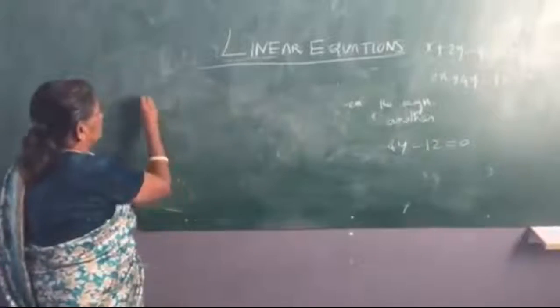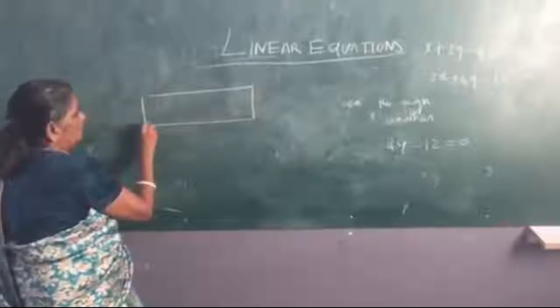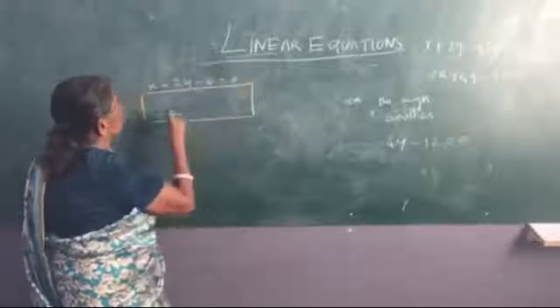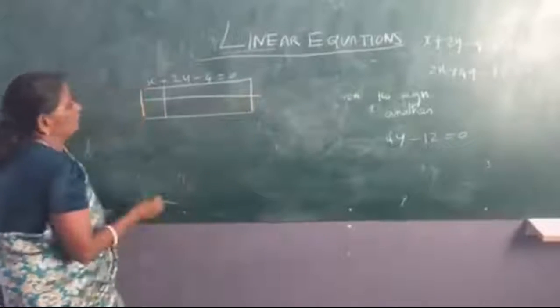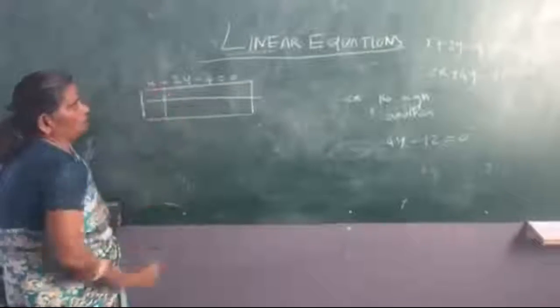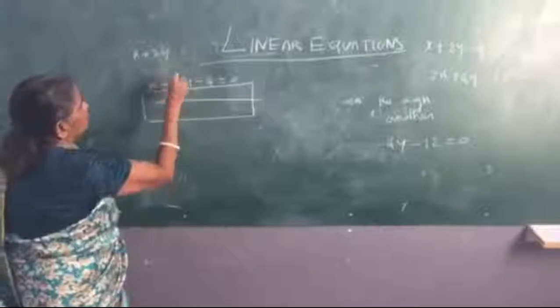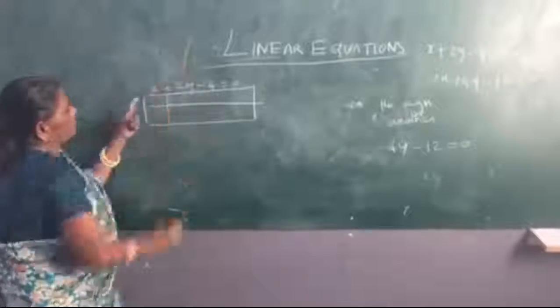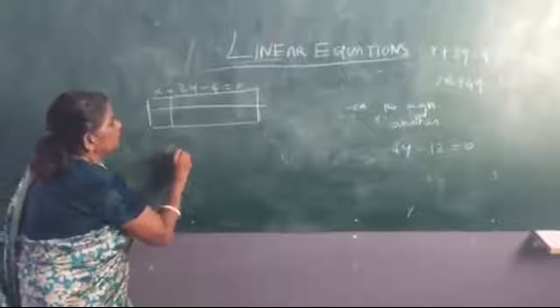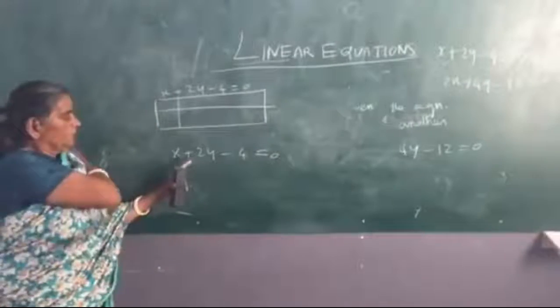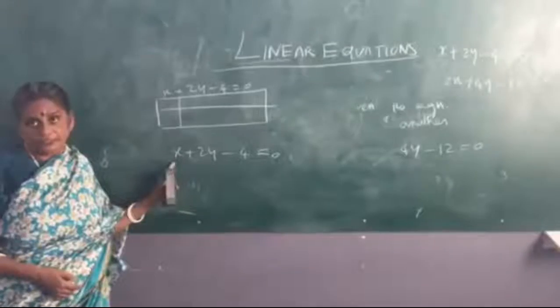See, first equation. First, let us make the table. x plus 2y minus 4 is equal to 0. Now, before you give the value, you simplify x plus 2y. Here, for example, in the equation x plus 2y minus 4 is equal to 0, x does not have a coefficient.